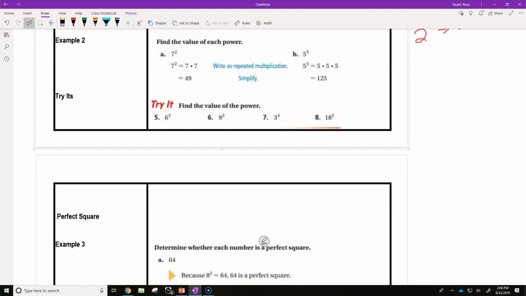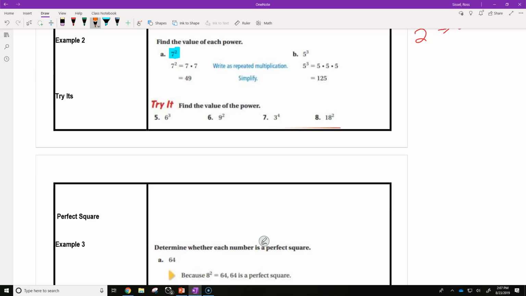However, when you get to example 2, I need you to do some work. When it says 7 squared, or 7 to the 2nd power, the first thing you're going to do is, on your paper, go from a power to repeated multiplication, to repeated factor. On 7 squared, what is my base? What number is my base? The 7 or 2? You got a 50-50 shot.